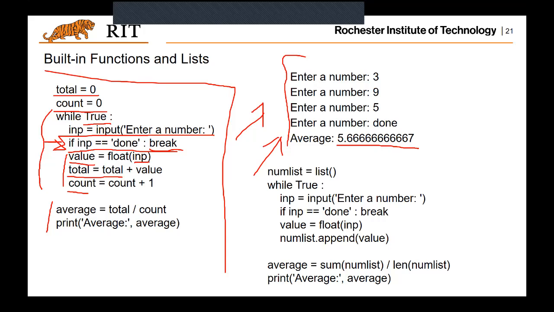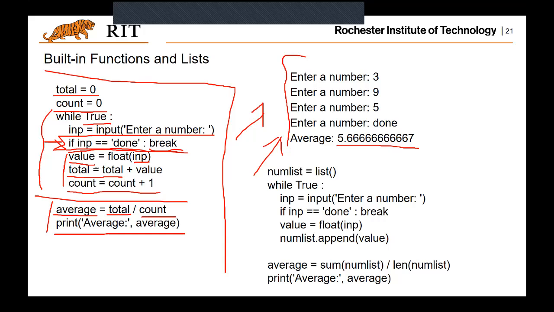And also update the count by adding 1 to the count. You just keep on doing this until the user keys in done. After this loop is completed, you can compute the average using the summation and the total count of the elements. And that's something you have over here.